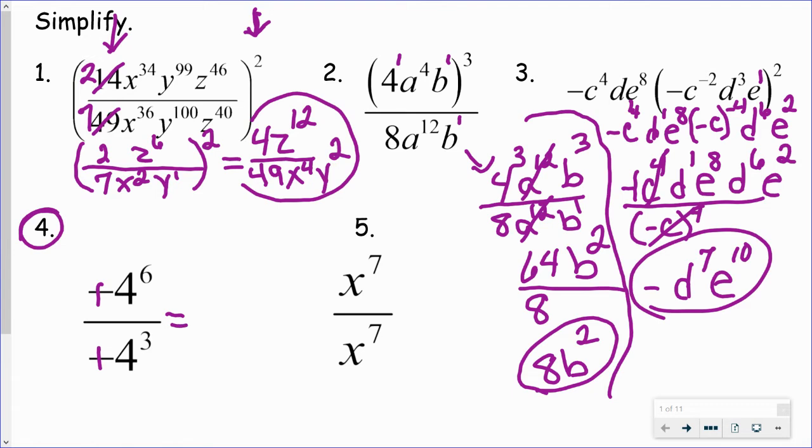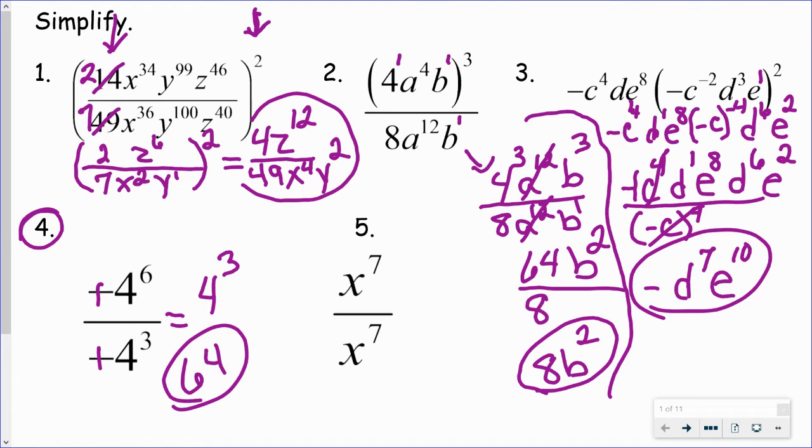And now they're the same base, different exponents. So just subtract. That becomes 4 to the power of 3. But again, I don't leave it like that. Now I do the math, and I know that is 64.